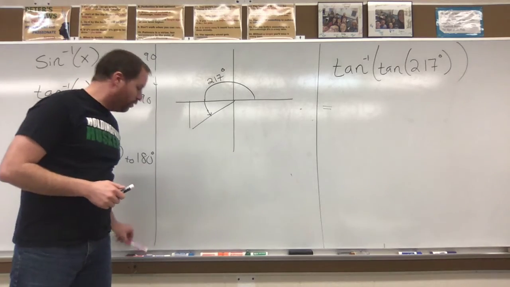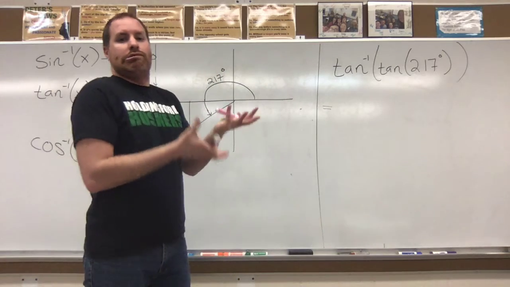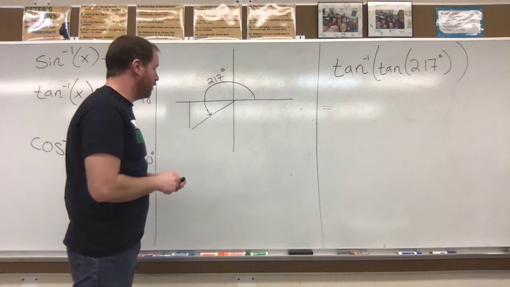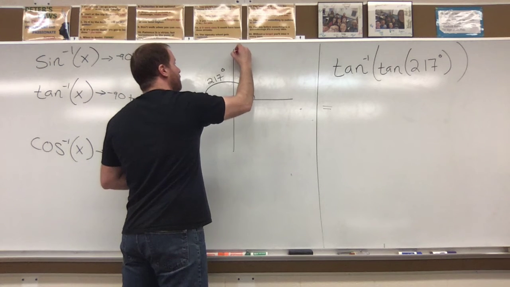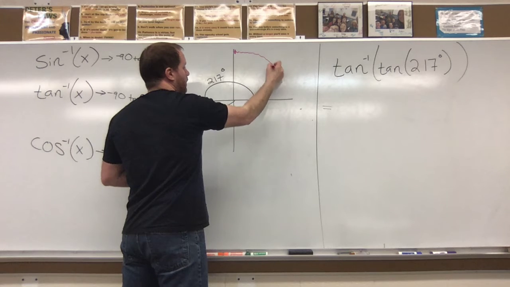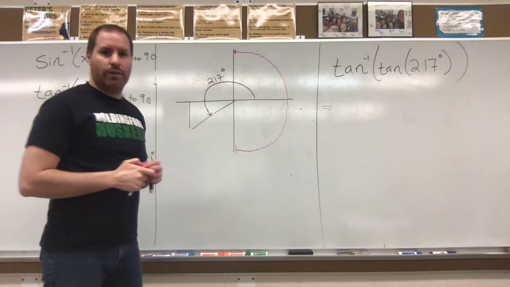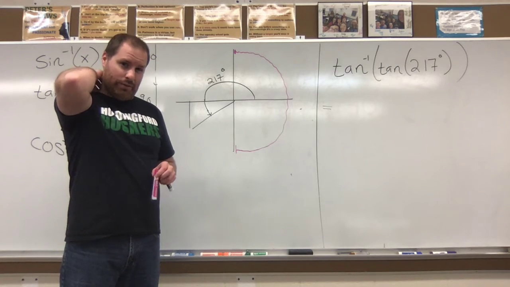Now I need to think about, okay, again, tangent inverse wants to tell me what the angle is. Should be 270 degrees, but our calculators don't work that way. Tangent inverse will only tell me answers from positive 90 to negative 90. That's the only spot where tangent will tell me answers.